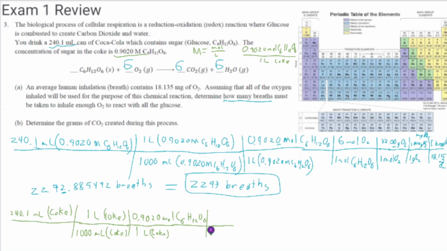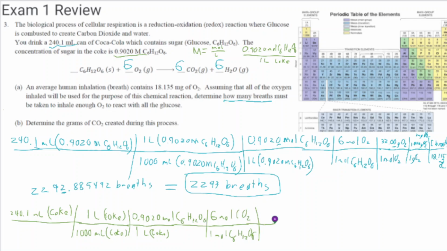And then for each mole of C6H12O6, we can look at our chemical equation, and I am just putting down the coefficients found in front of our sugar and then found in front of our CO2. So it just happens to be 6 again. All right, we'll have 6 moles of CO2.